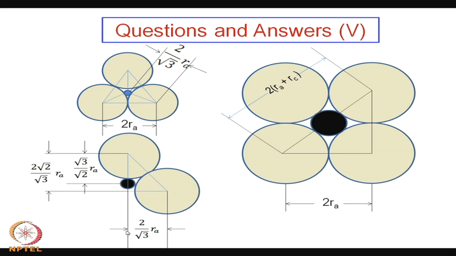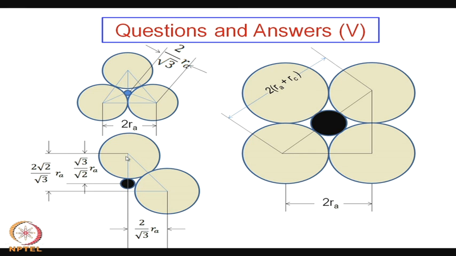This distance is 2 by root 3 RA, and this is the height from this right angle triangle. One can find this height is 2 root 2 by root 3 RA, and this is 3/4 of this total distance.